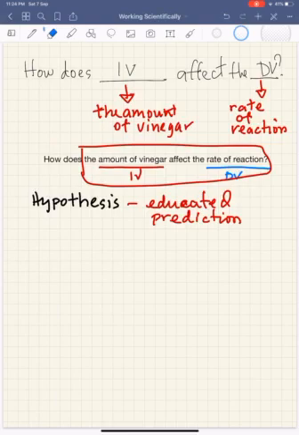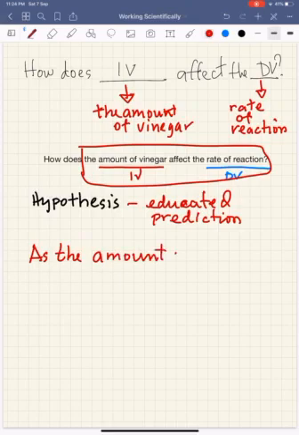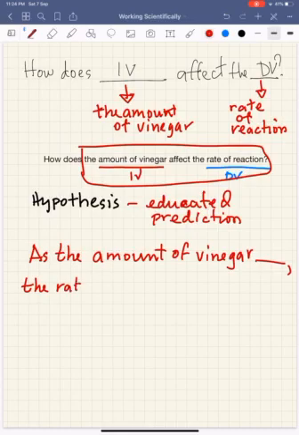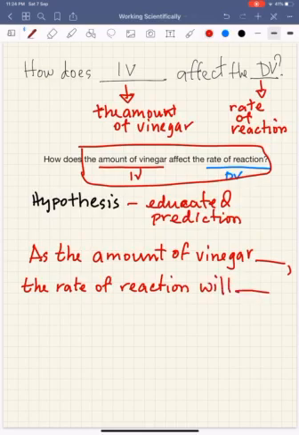Let's make it easier. As the amount of vinegar, the rate of reaction will, so it's up to you.